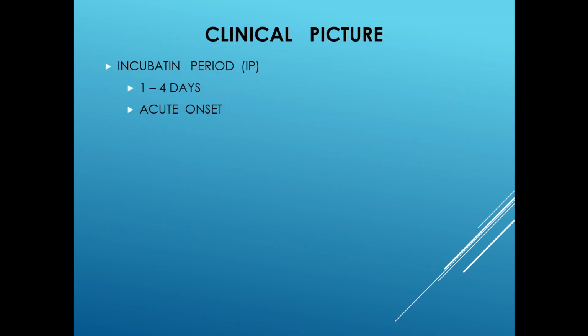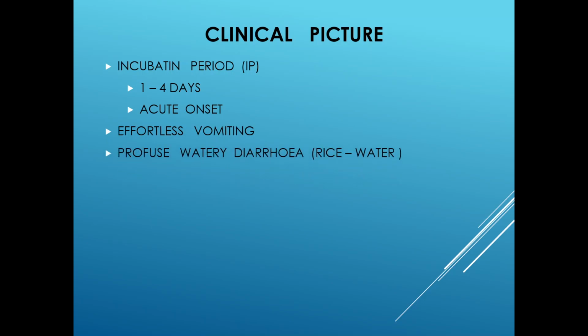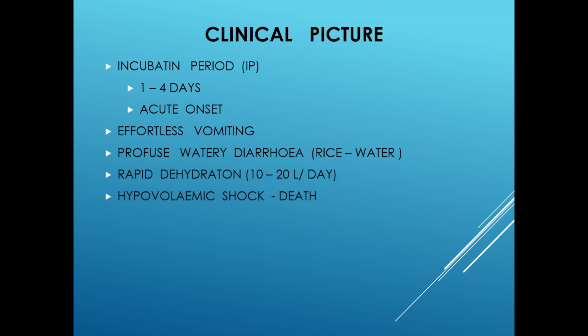Clinical picture: incubation period of 1 to 4 days, acute onset, nausea, vomiting, profuse watery diarrhea, rice-water stool, and rapid dehydration, 10 to 20 liters during days, hypovolemic shock, and death of the patient.